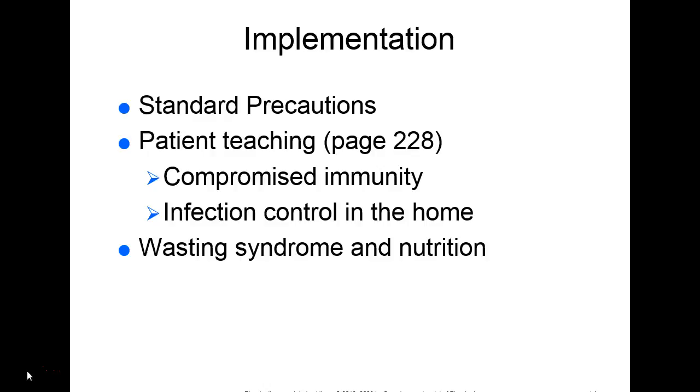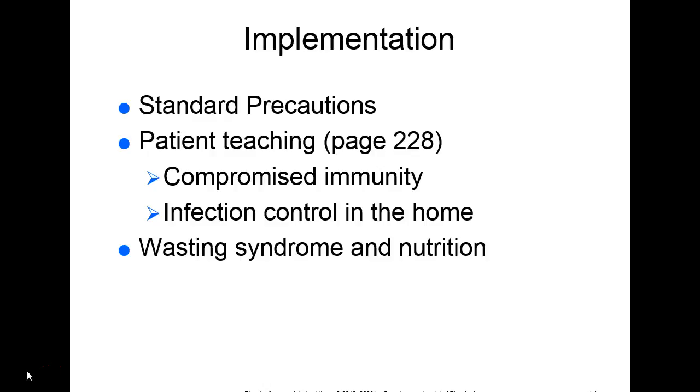Again, if you look at page 228, that gives you some idea of what types of things you should address in your teaching plan. 228, 229, that area. We need to teach the patient how to control infection, especially in their home environment.